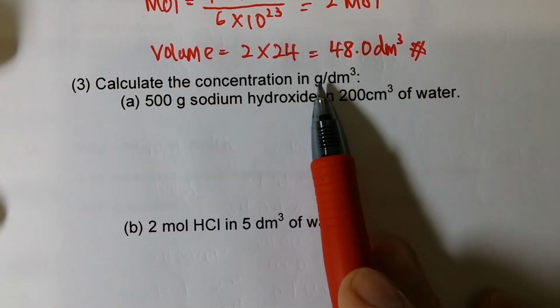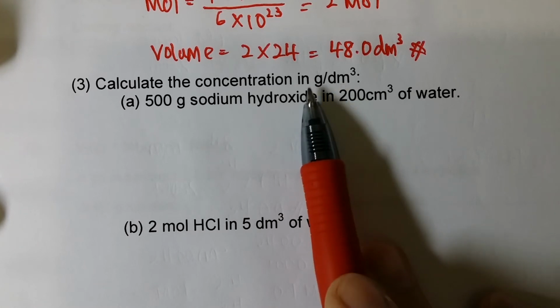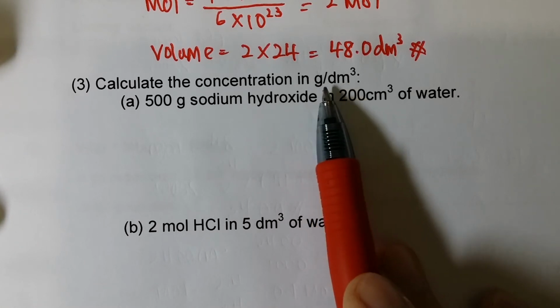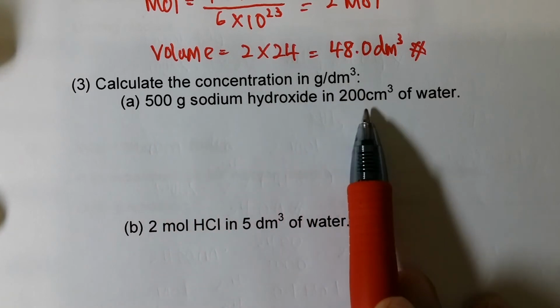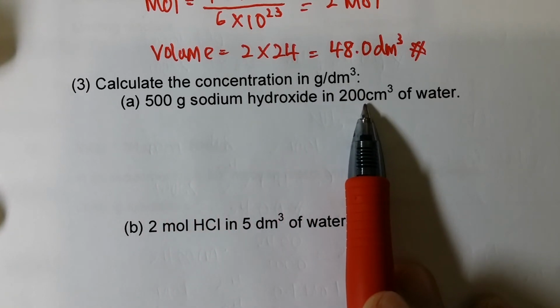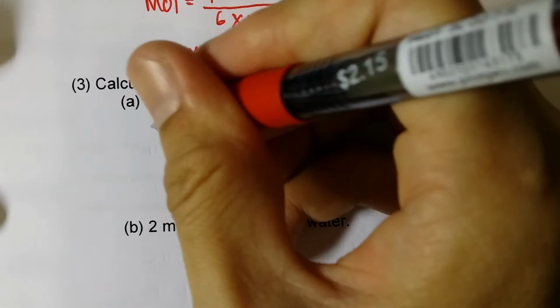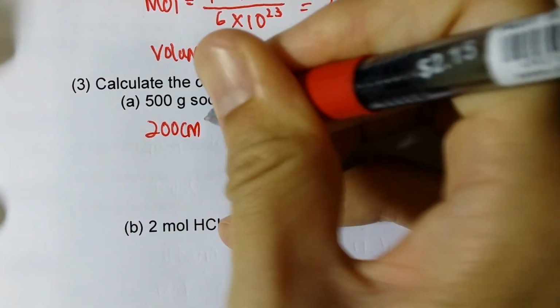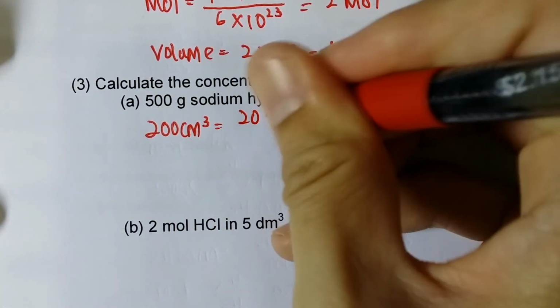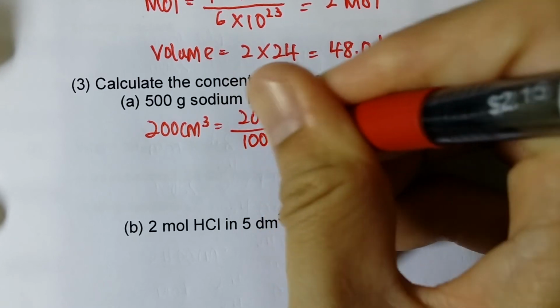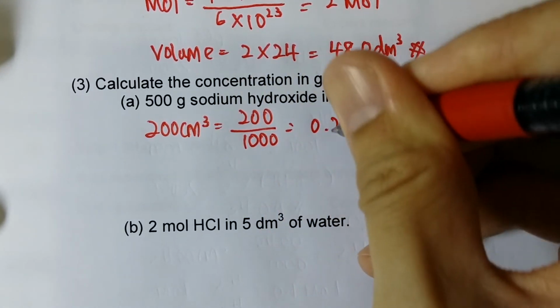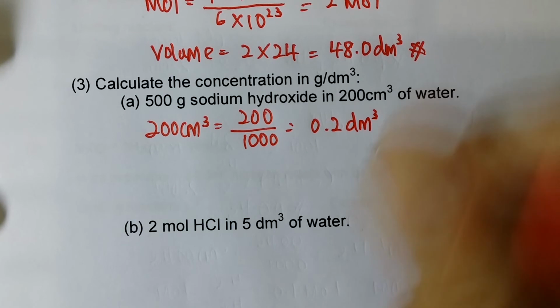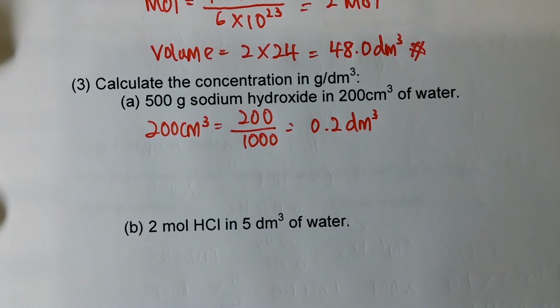Gram per dm³ means the number of grams divided by the number of dm³. Number of grams is 500 gram. For the number of dm³, this 200 cm³ can be converted to dm³. So 200 cm³ would be 200 divided by 1000, which is 0.2 dm³. Okay, because 1 dm³ is 1000 cm³.